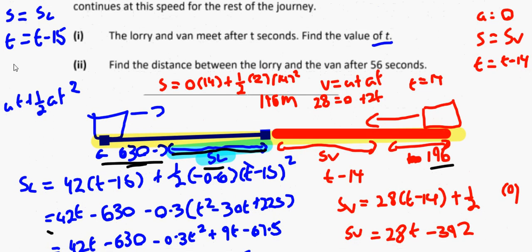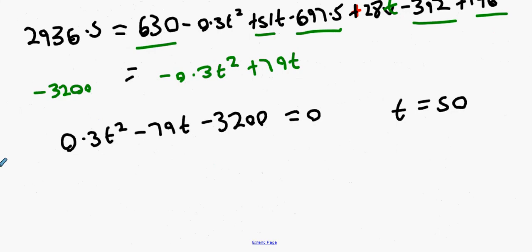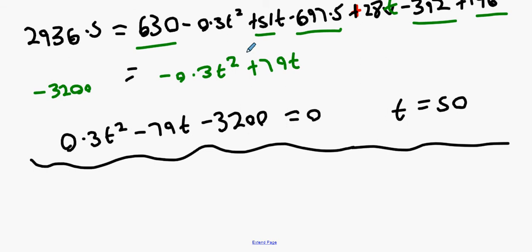Find the distance between the lorry and the van after 56 seconds. Okay, after 56 seconds, we know the lorry is in blue.